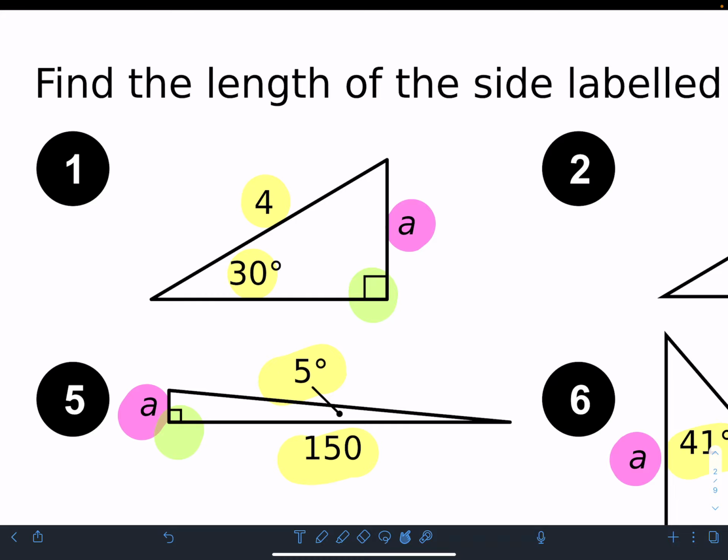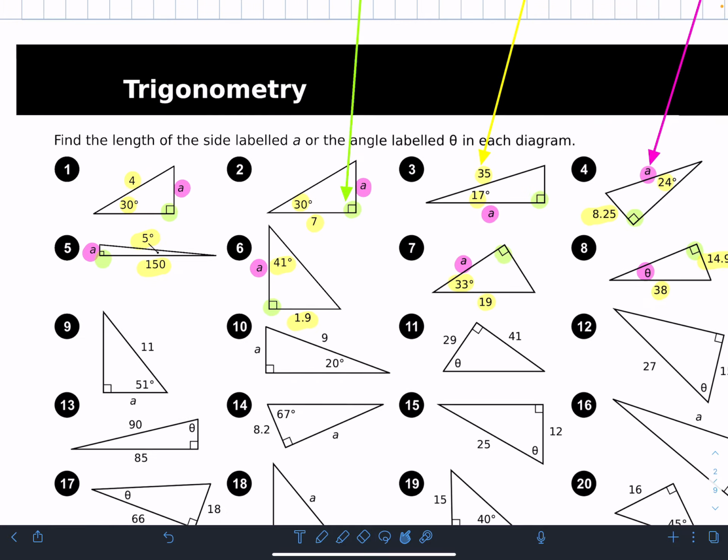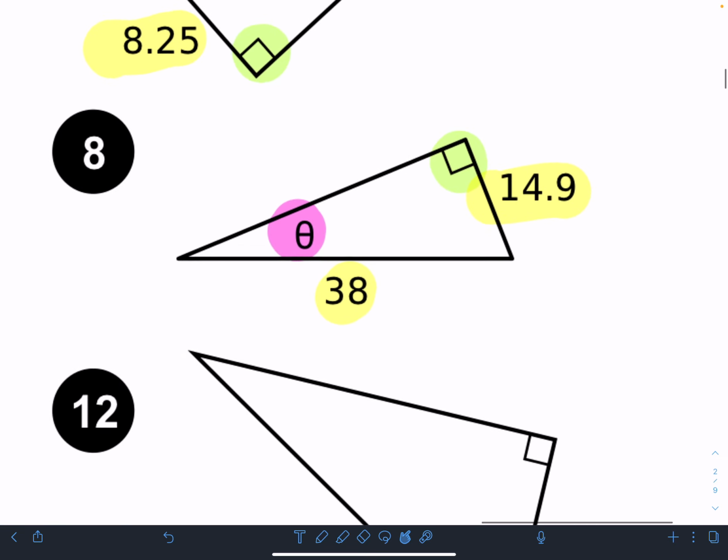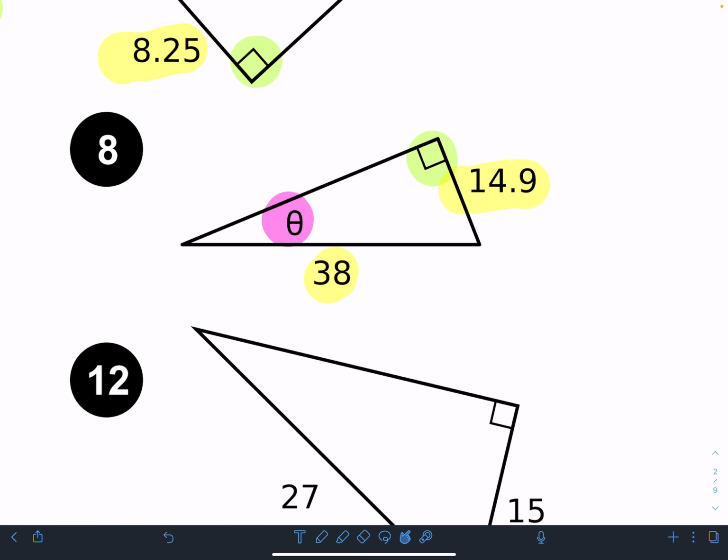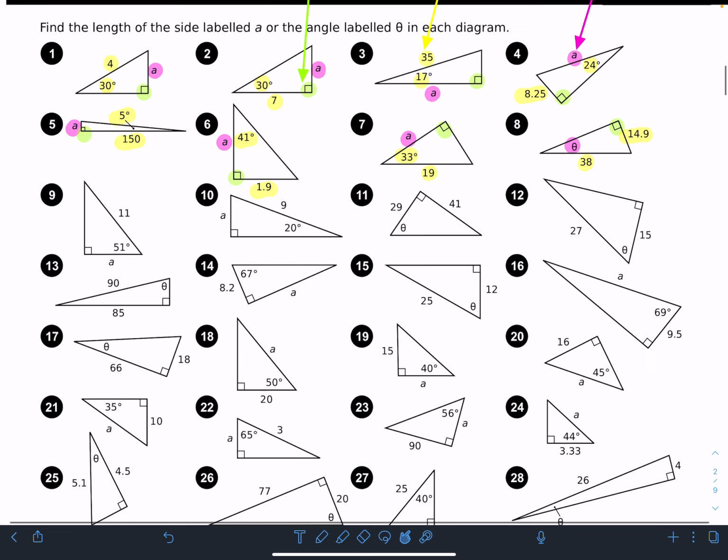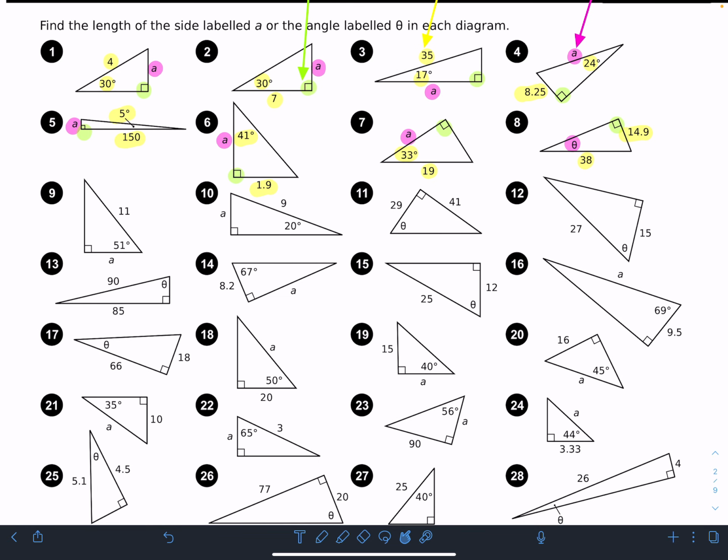So that's the first situation, an angle and a side. Or another situation where your two knowns are the length of two sides. In this case, 14.9, for example, centimetres, and 38 centimetres. So we've got two knowns and one unknown for a right angled triangle.